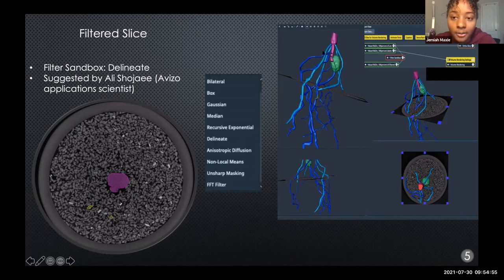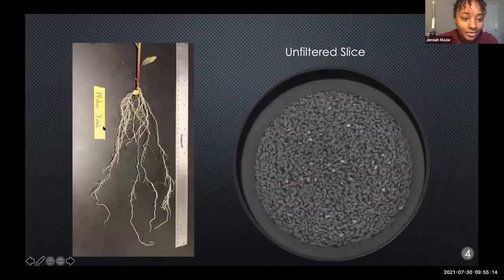Those are the braces. And then the dark blue roots are the primary roots that are all branching off. And there are lateral roots here too. You can see one right here, but there definitely are a lot more. If you go back and look at the previous image, all of these tiny things, those are all lateral roots.